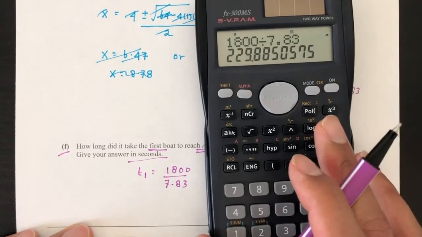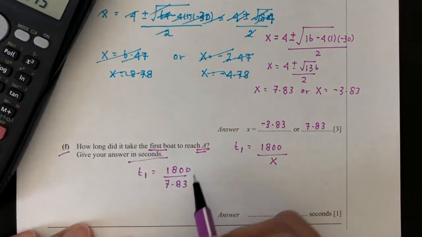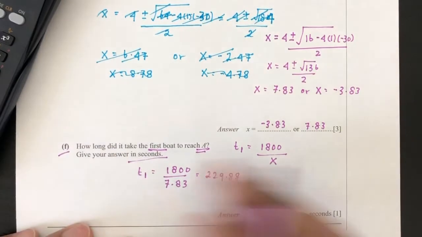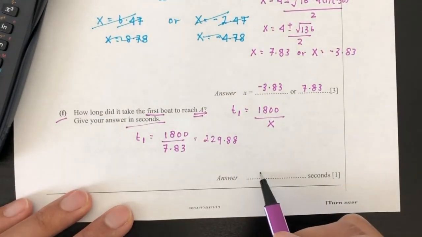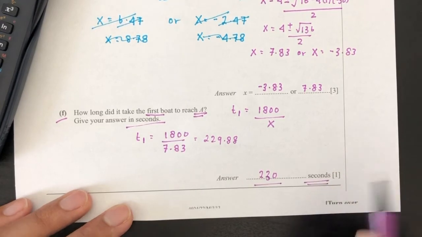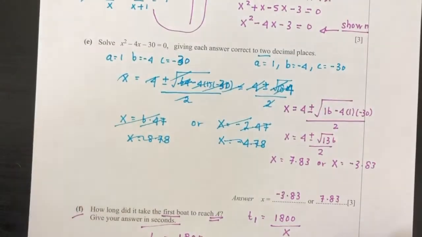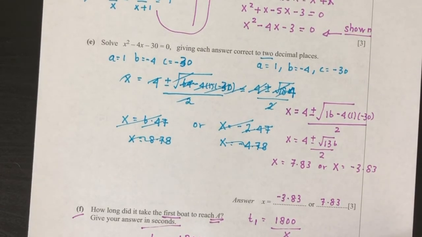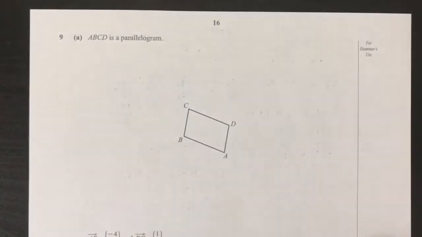That will be 229.88. So I think the closest value to this will be 230 seconds for it to reach A. And that is question number 8. Okay, so let's move on to the next question now.